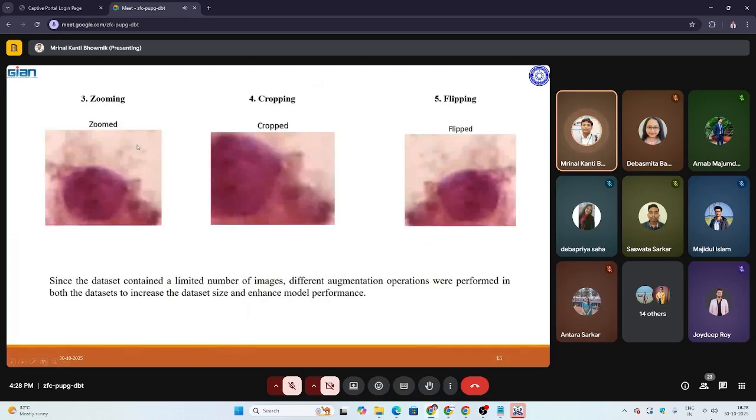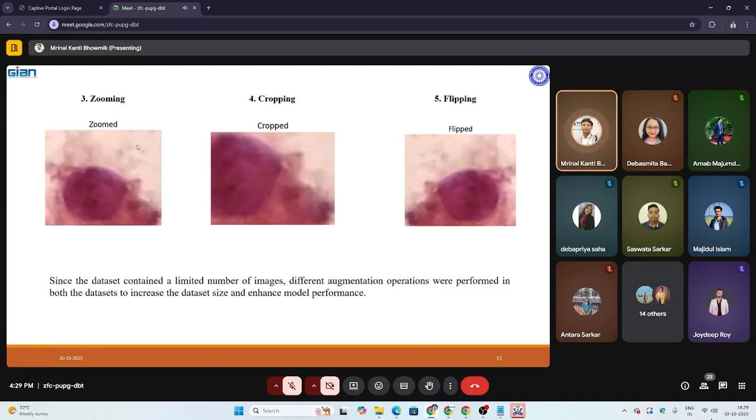These are some of the augmentation operations that we generally perform so that our dataset becomes larger for the model to train. We can increase the number of images by doing augmentation, which is generally necessary, otherwise our model could not learn. Since the AGMC2 dataset contained a limited number of images, different augmentation operations were performed in both datasets.